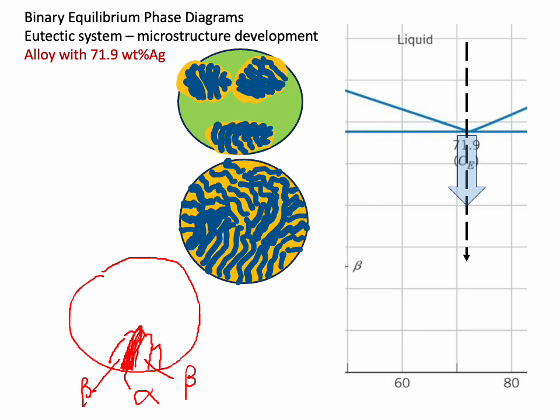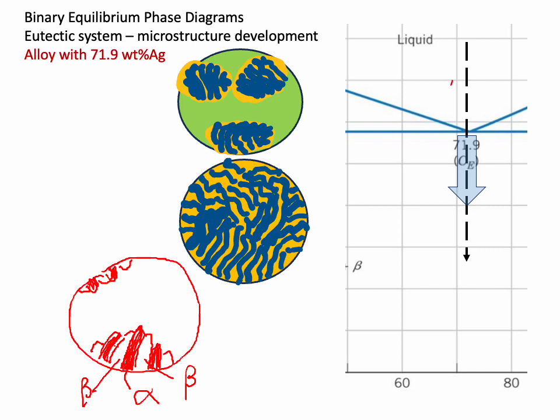And this alternating layer continues, and this grows in, and it's happening at other places at the same time, until the whole area is filled with these alternating layers.